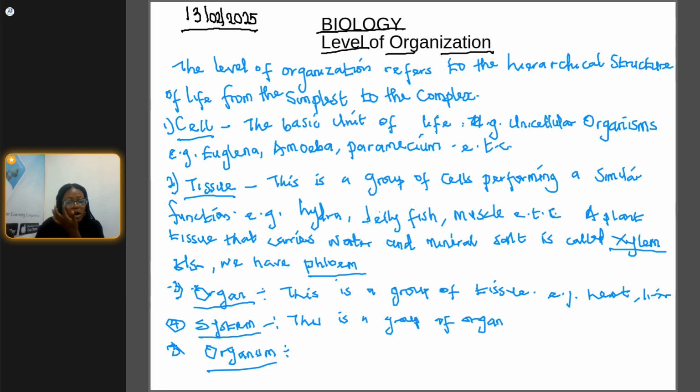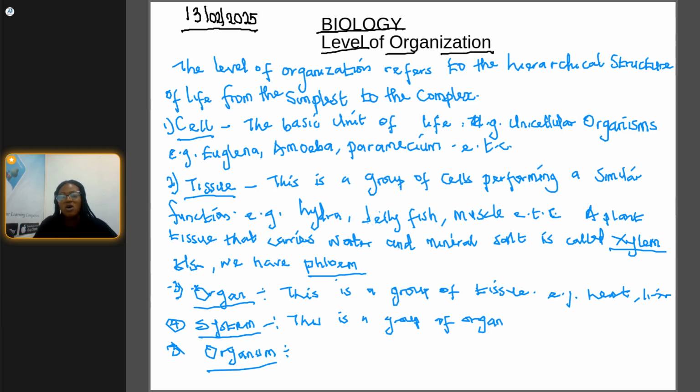So we have five major levels of organization. The first one is the cell, the second one is the tissue, which is the group of cells. The third one is the organ, which is the group of tissue. The fourth one is system, which is a group of organs. And the fifth one is organism itself. I hope we understand this. The organism is the complete living thing itself.